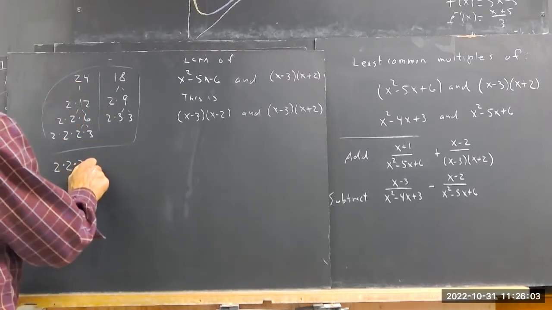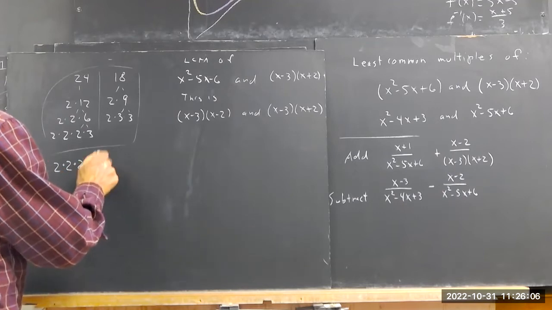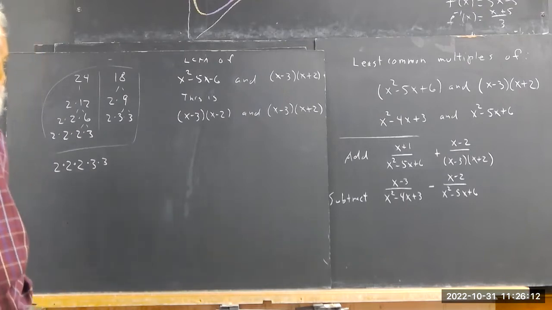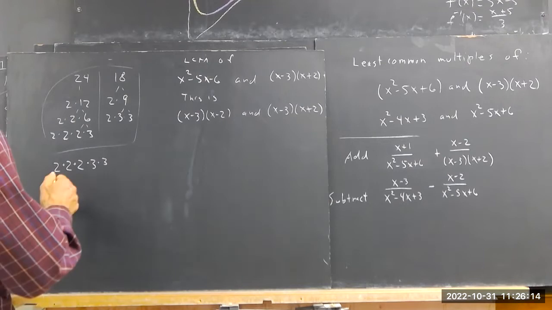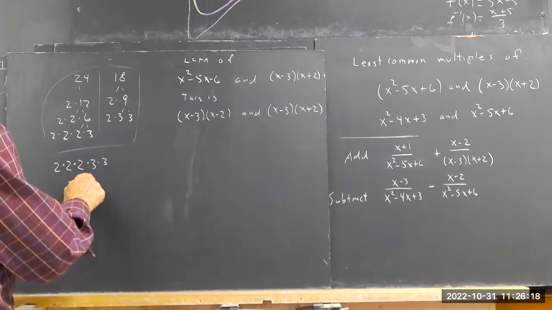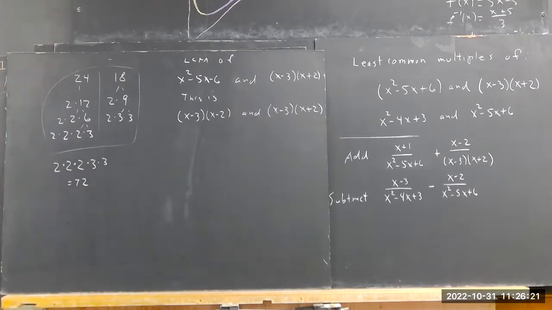And then we need two 3s. We've got to have 3 and 3. If we multiply this out, that's 8 times 9. That's 72. 72 is 3 times 24.